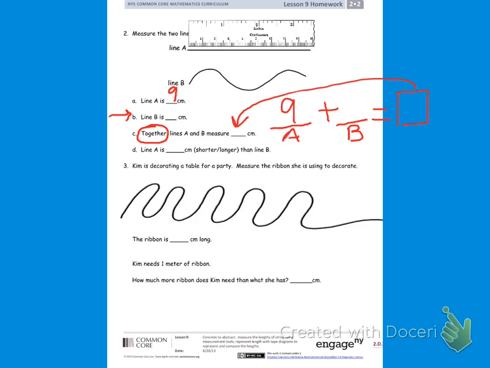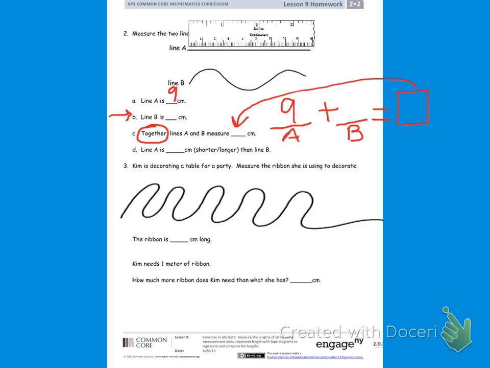2D says, line A is blank centimeters shorter or longer than line B. I don't know if line A is shorter or longer because I've not measured line B, but you have. So at this time, circle either the word shorter or longer. Is line A shorter or is line A longer? Circle one of those words now.